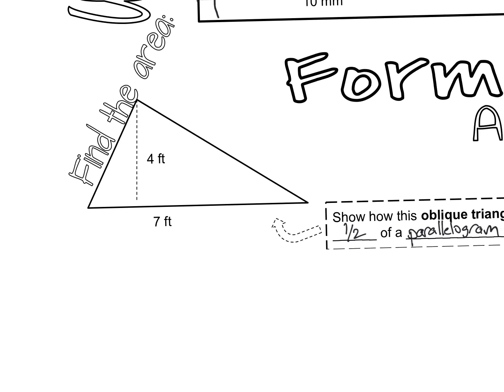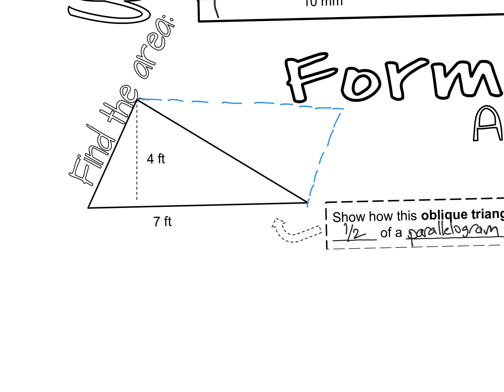So in order to do that, thinking about taking this, copying it, and then reflecting it over, what we would end up with, I'm going to use a different color, is this parallelogram with the same base and height, but once again, just half.